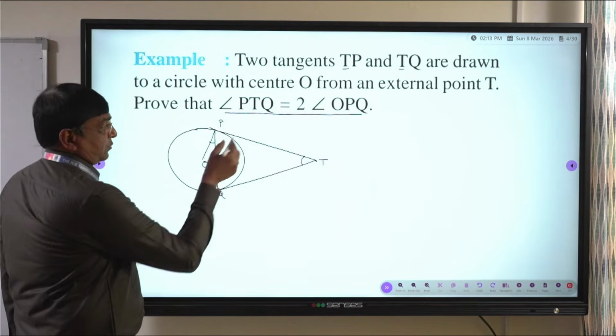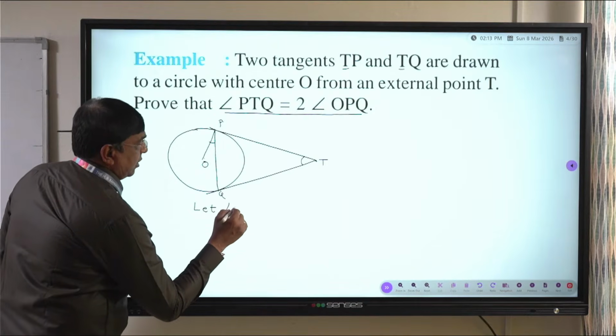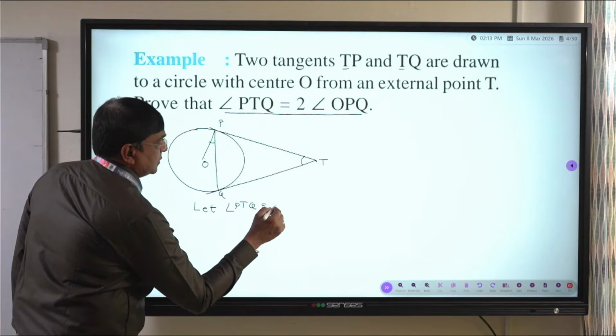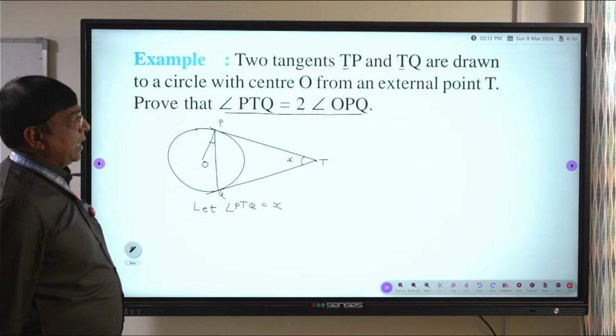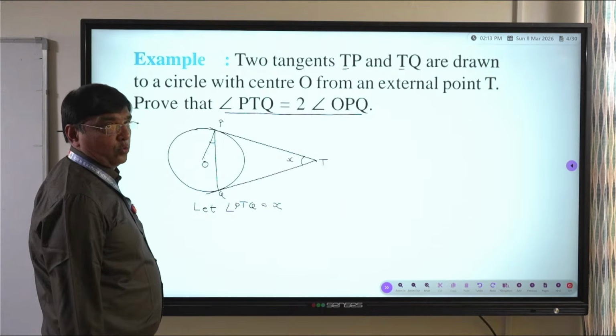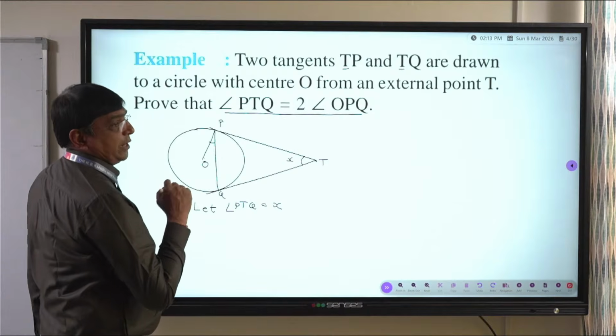Now prove. Start with, let angle PTQ be x. Now, according to theorem 10.2, from the exterior point, two tangents of equal length can be drawn.